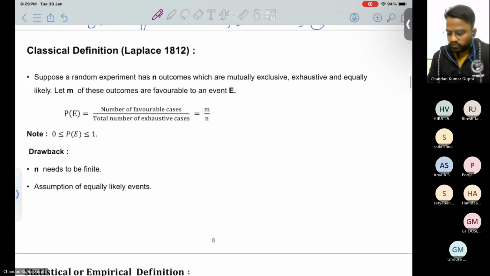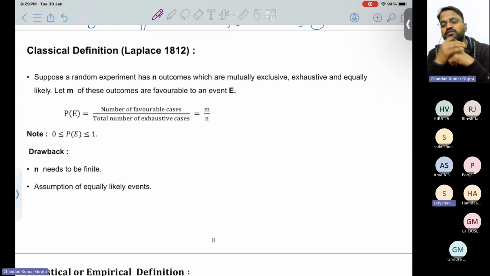Now we come to the classical definition of probability. How many definitions are there? Anyone know? I think people have learned two or three definitions, sir.